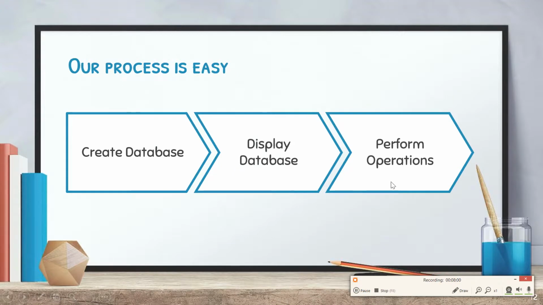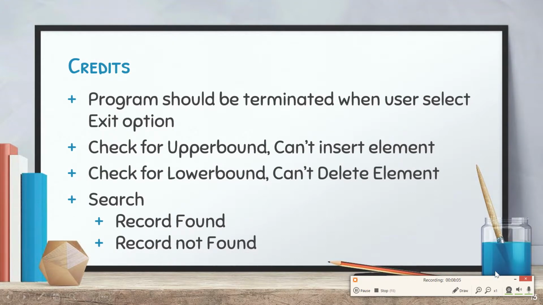So we have seen that we have performed that operation. Now I expect every student to be able to perform these operations in such a way that the program will not be terminated until and unless the user selects the exit option. If you want to insert, for example, in my database only a maximum of 10 elements will be there. While inserting, if I reach that 10th location, you should check that the size of the database does not go beyond 10.